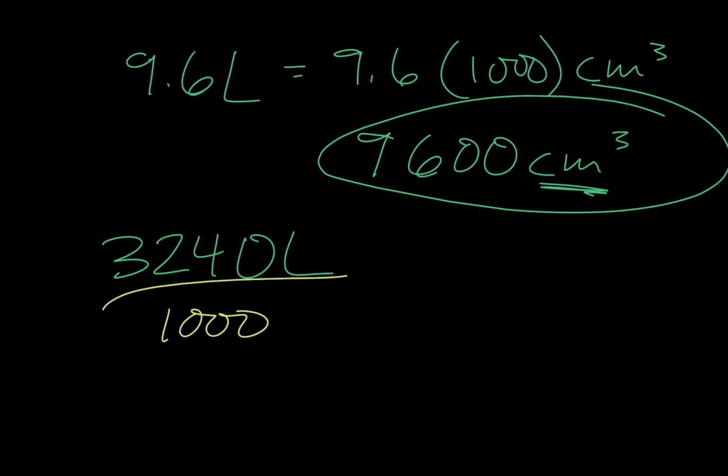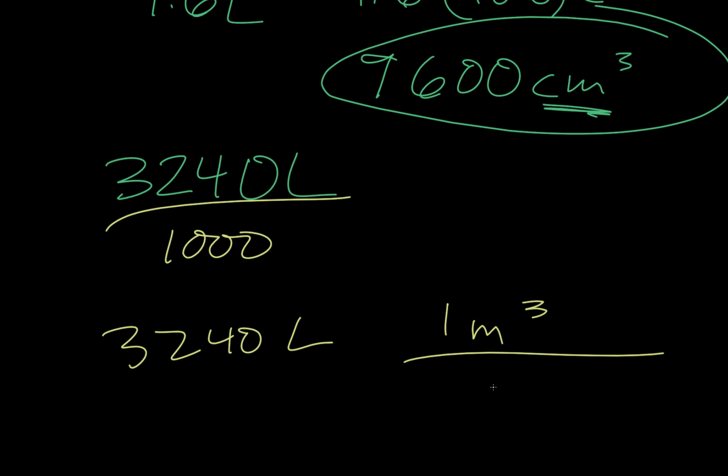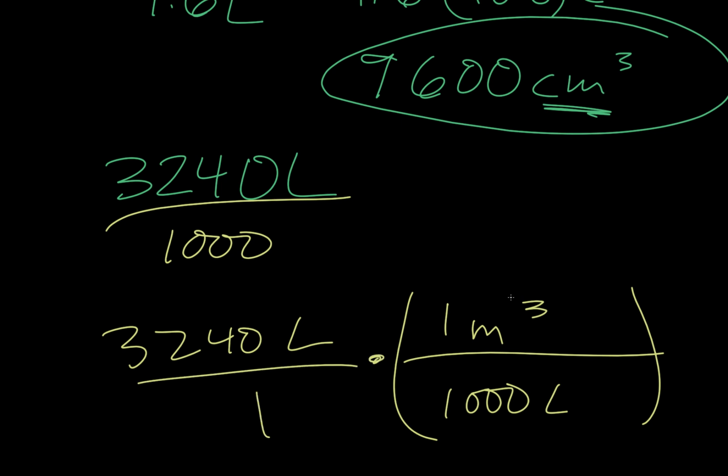And I think I'm going to be a little more explicit with this. So in 1 meter cubed, there are 1,000 liters. So we're really just multiplying this like this.